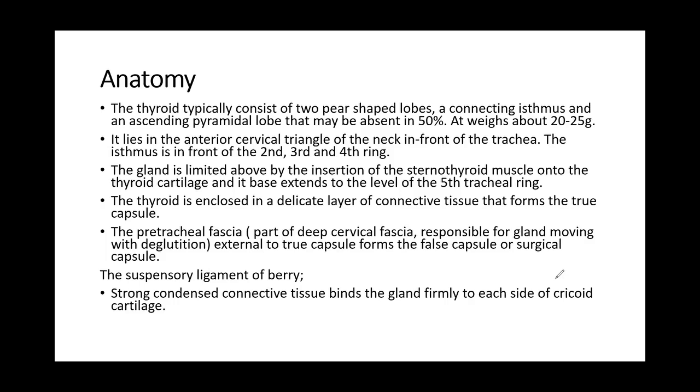Now, you should know that this thyroid gland has a true capsule that directly covers the surface of the gland. Okay? Now, it is encased within the pretracheal fascia, which is the false capsule of the gland.